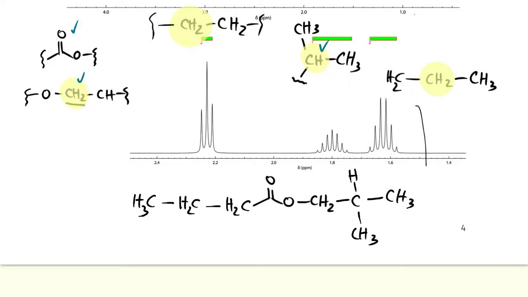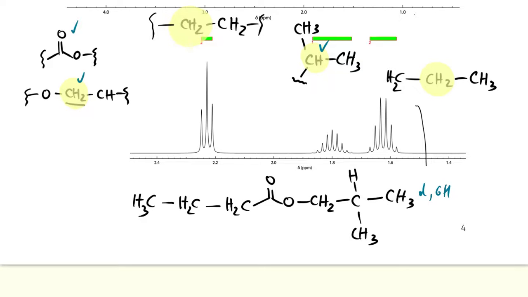Okay, so on this structure that I just proposed, what would be the spectrum that I predict? I would predict that these two guys would show up as a doublet, not too far shifted, because they're not in close proximity to oxygens, halides, or whatever, and they would be a doublet, 6H.